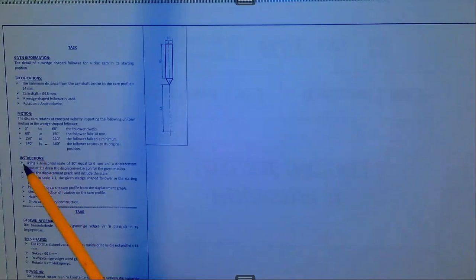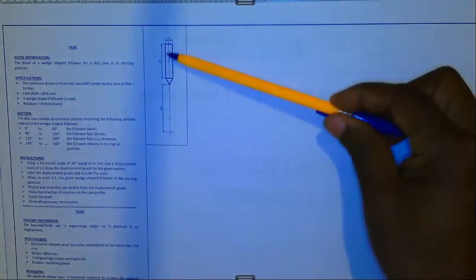Then the instructions are as follows: using a horizontal scale of 30 degrees equal to 6 millimeters and a displacement scale of 1:1, draw the displacement graph for the given motion. Draw to scale 1:1 the given wedge-shaped follower in its starting position. So we are given our wedge-shaped follower.